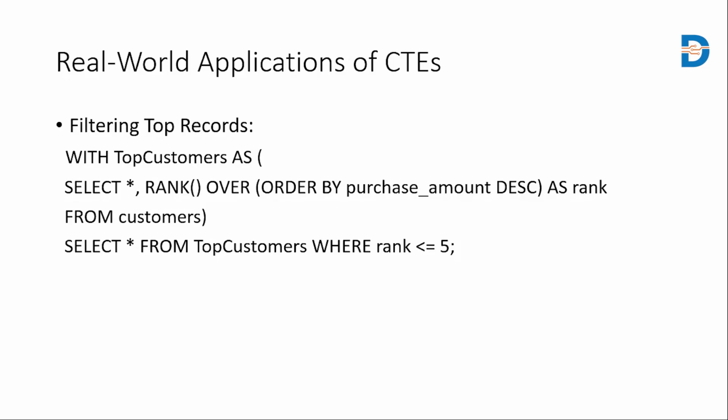We can filter top records: WITH top customers AS, SELECT star, RANK OVER ORDER BY purchase amount descending AS rank FROM customers. And after that, SELECT star FROM top customers, whatever name we use over here.